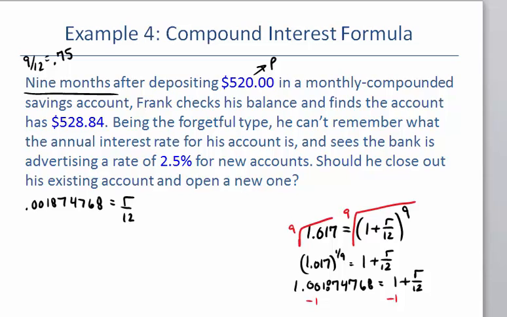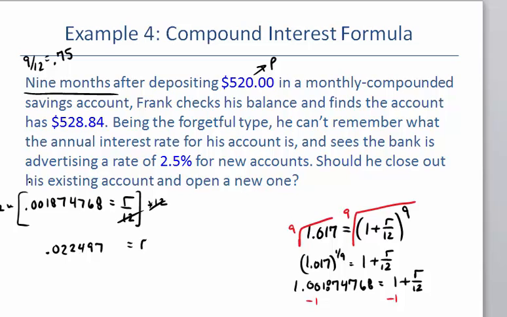Then the last thing I need to do is multiply both sides by 12 to clear that fraction. That should give us our answer of 0.022497 is equal to r.